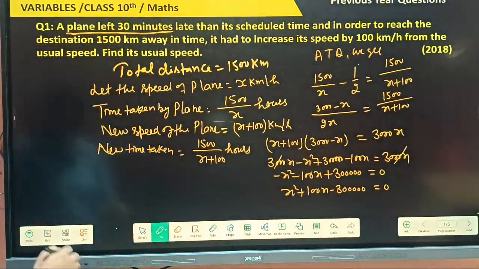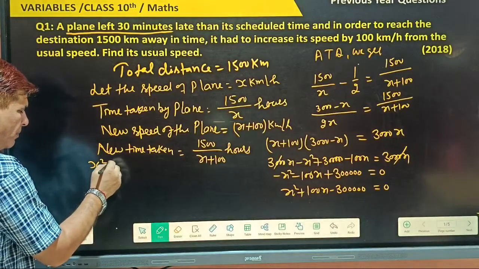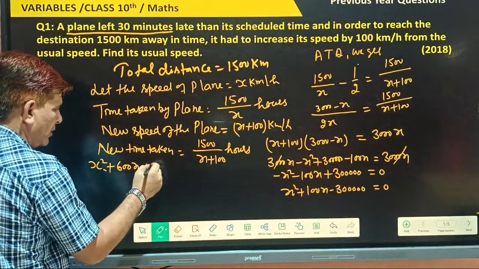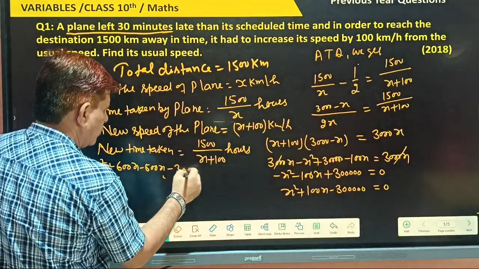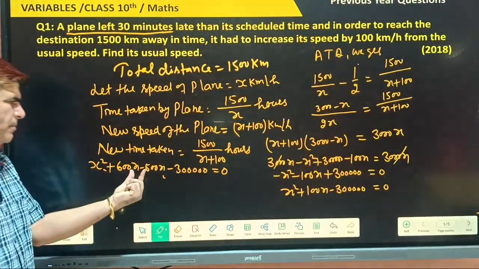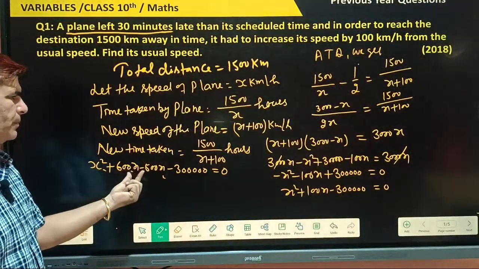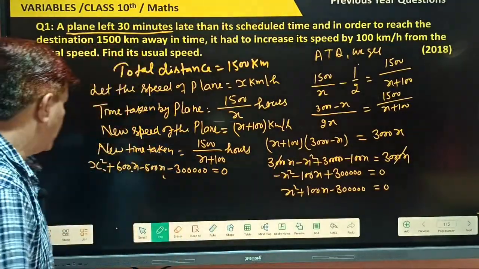Here I am applying splitting the middle term. X square plus 600x minus 500x minus 300000 is equal to 0. What's their sum? It is equal to 100x. What's their multiplication? It is equal to this. So splitting the middle term is right.